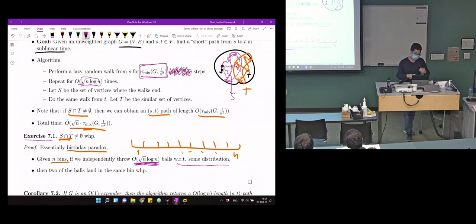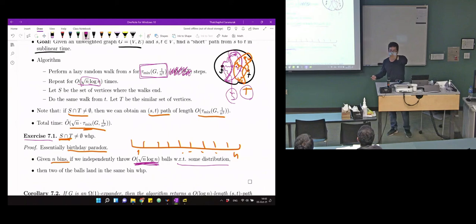So now you see that S and T should intersect by the same reasoning, because S is like throwing root n balls into n many vertices. You choose square root n random nodes according to some distribution. T is also the same. So one pair is going to collide at some node.